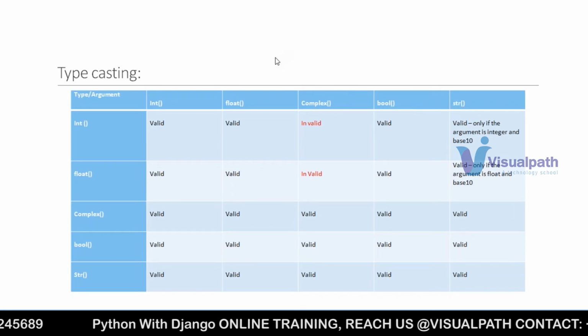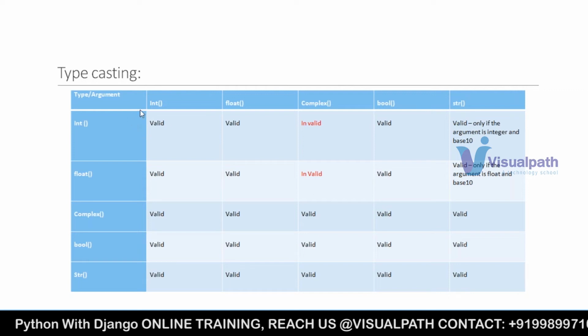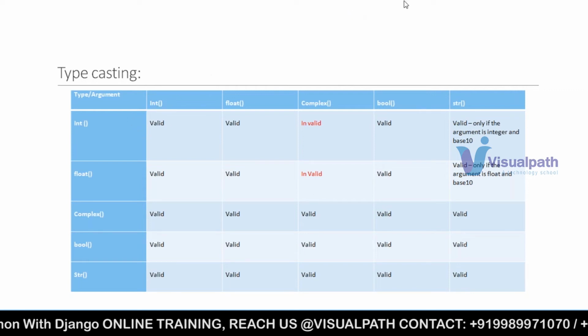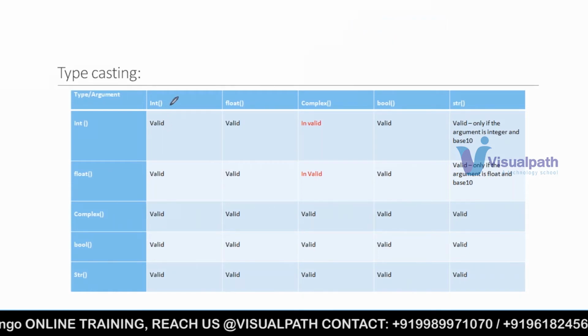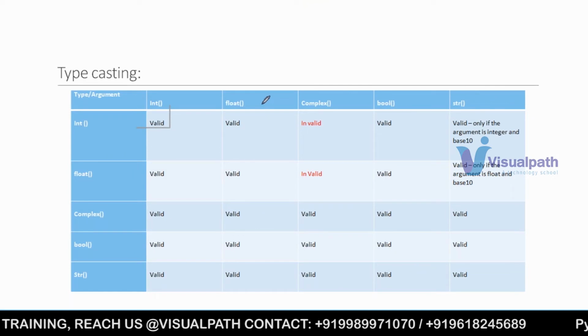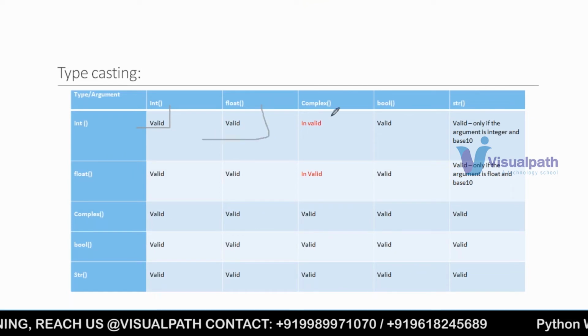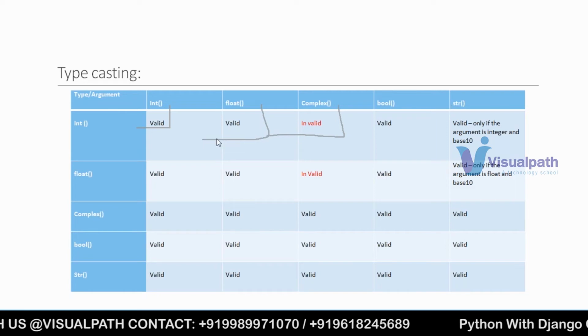So how you need to read this table is, the first row is converting integer to integer, converting float to integer, converting complex to integer, right?